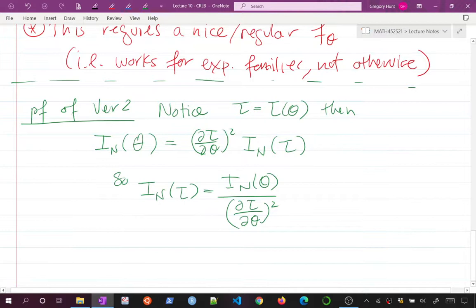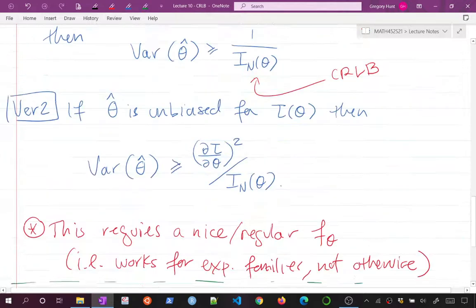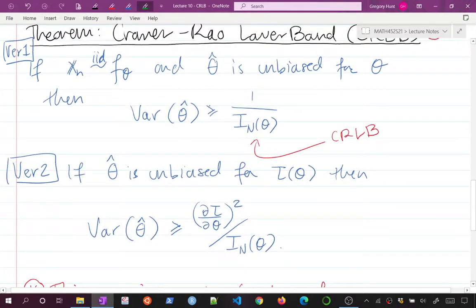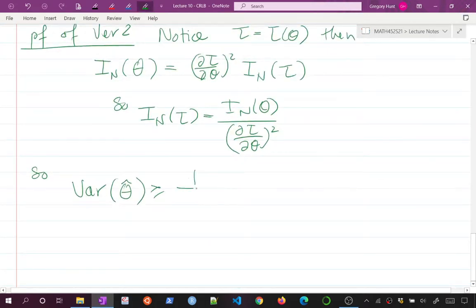And so the variance of theta hat, according to version 1, is greater than or equal to 1 over the information for theta. Now, if we want this in terms of tau instead, we reparameterize, and that would be 1 over I n theta over d tau d theta squared, equals exactly what we had, right?